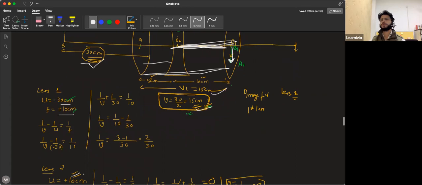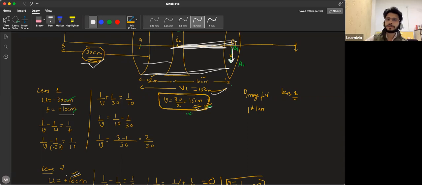Just put u equal to plus 10 for the second lens. No, it won't be 1. It's 1 by 0. 1 by v is 1 by 0. Good, Sakina. Very good, Akshay.